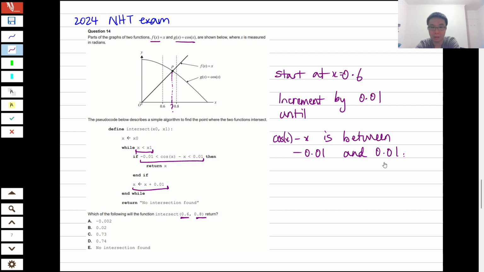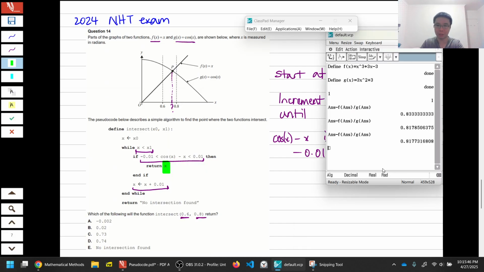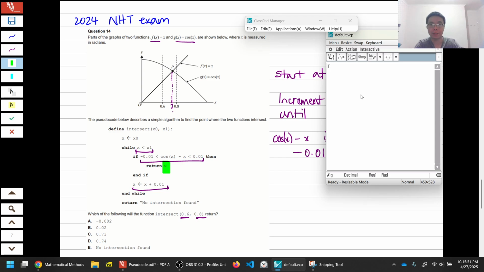So the return value of this function is x. By return, it's what is output from the function. So it's only going to return a value when the value of cos x minus x is within this range. To give you an intuition for this, here is cosine of x minus x evaluated at x equals 0.6.